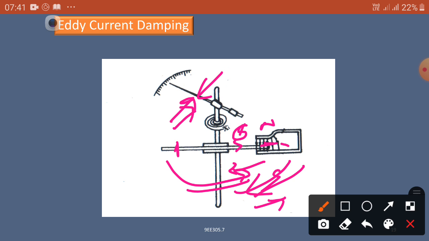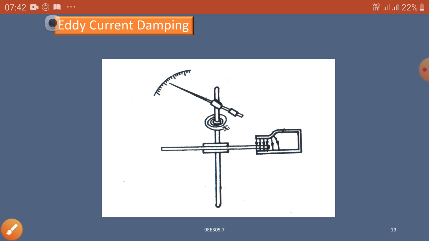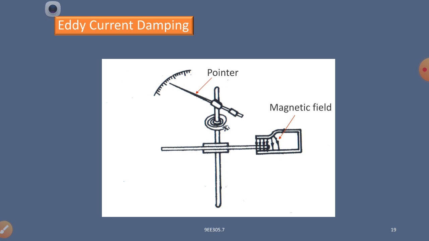Due to this, the pointer will not overshoot or undershoot, and it will smoothly show the final point. This is similar to air friction damping and fluid friction damping, but in this case we are using our electrical theory, that is Lenz's law. Okay, pointer, magnetic field, damping magnet, spindle, and aluminum disc.